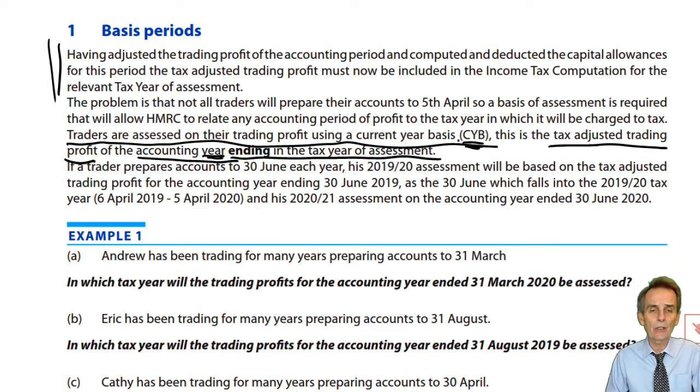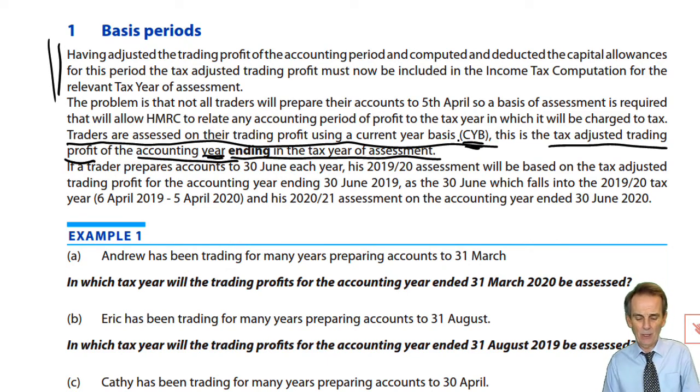What does it mean for the tax year 2019-20? Basically our tax year, for which you will have to prepare an income tax computation in some small part or in total. Then for that tax year, what do we want? We want the tax adjusted trading profit of the accounting year that ends in that tax year.